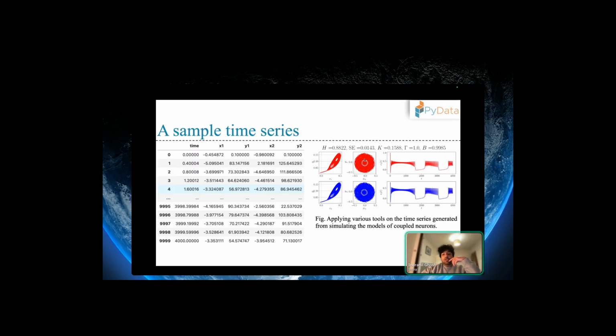Then you can plot these different things: the phase portraits, the time series, and a coordinate transformation, which tells you whether the neurons are behaving in a regular fashion or in a chaotic, complex behavior. Next we'll see how we can quantify this behavior from the time series data that will be generated from the simulation.